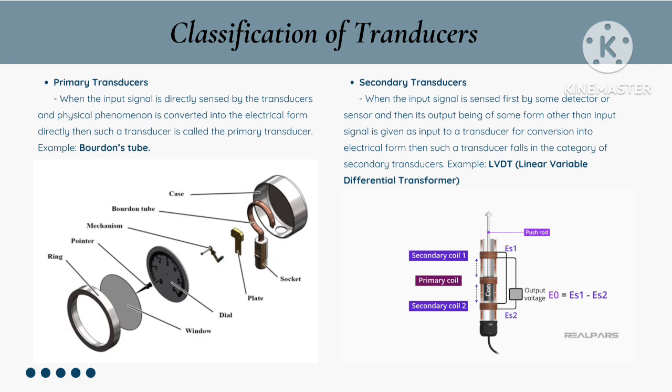This electrical signal is amplified and processed to give a precise reading of the pressure. So by using the Bourdon tube as the primary transducer and the LVDT as the secondary transducer, we can convert the mechanical displacement caused by pressure into an electrical signal that can be measured accurately and displayed digitally.